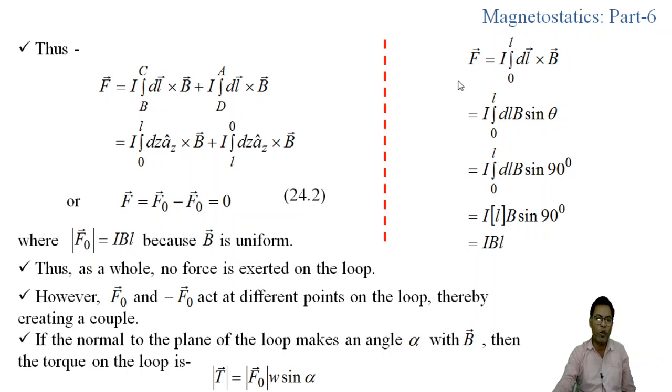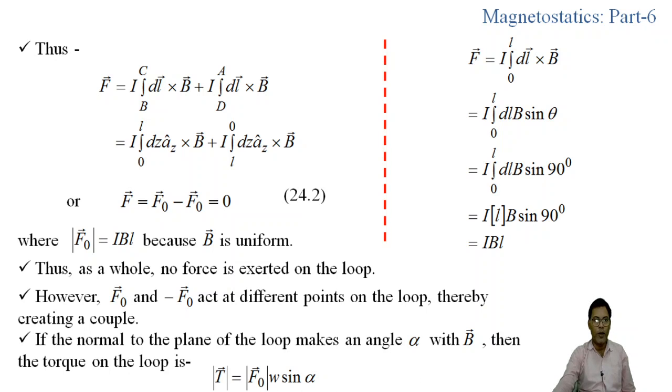Here the calculation of F is given on the right hand side. You can see that the total calculation is given, IBL, which is written here. From that calculation you can find that F equals IBL. Now the magnitude of the torque equals the magnitude of F naught times W sine alpha.